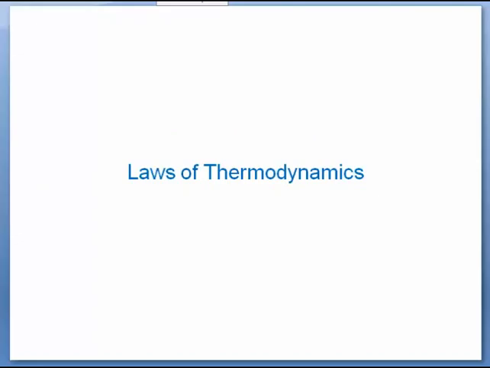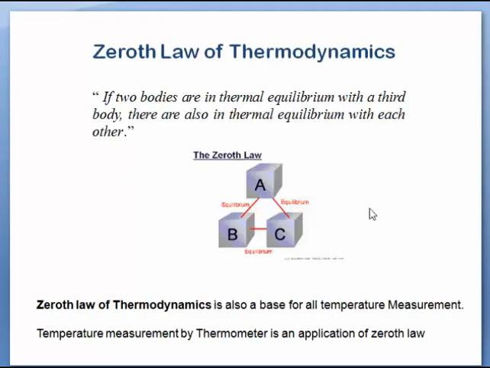Now see the different laws of thermodynamics. Basically we will focus on the zeroth law, first law, second law, and their applications. So we will start first with the zeroth law of thermodynamics.